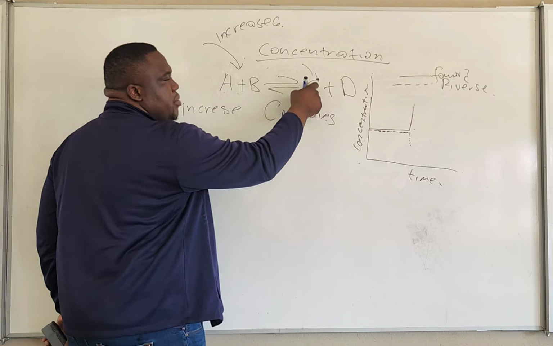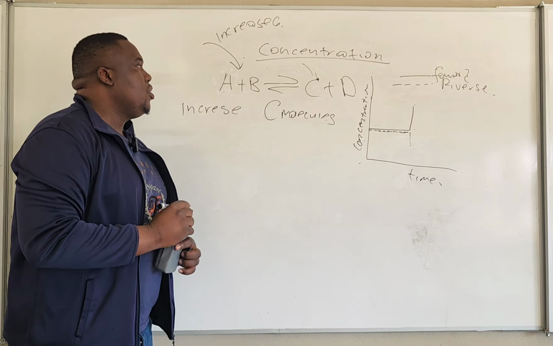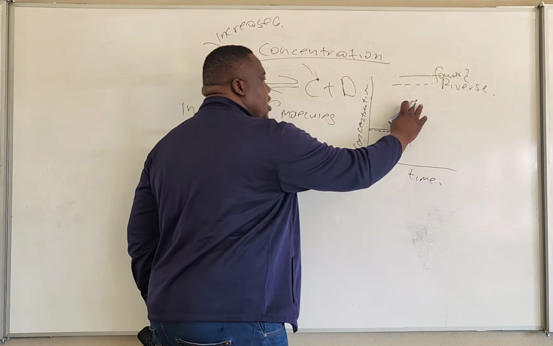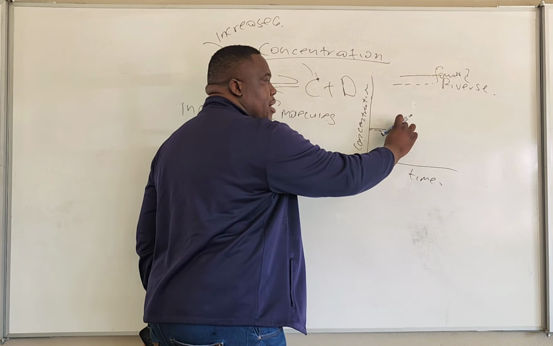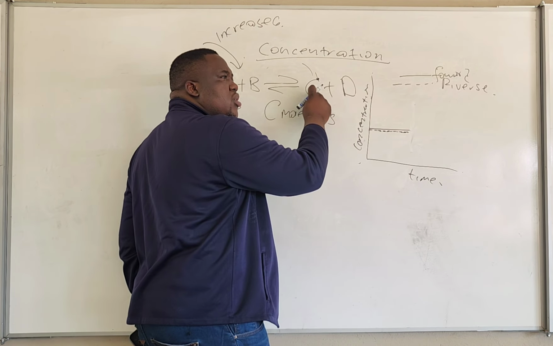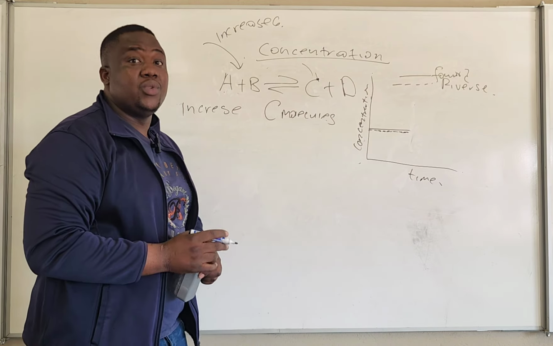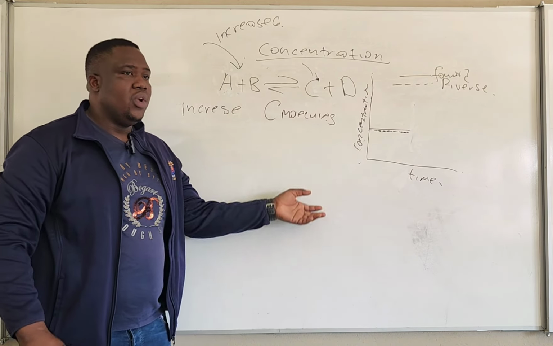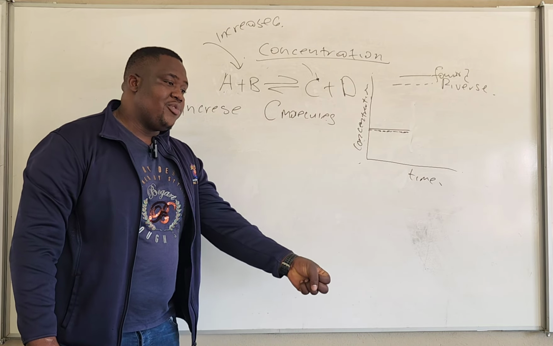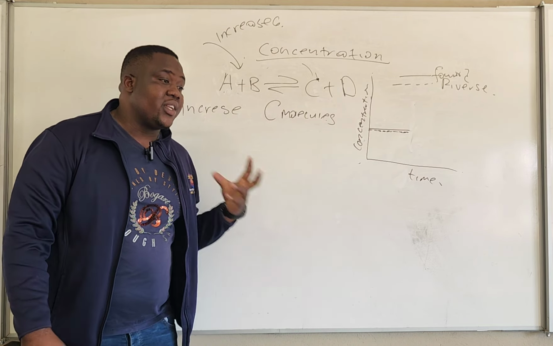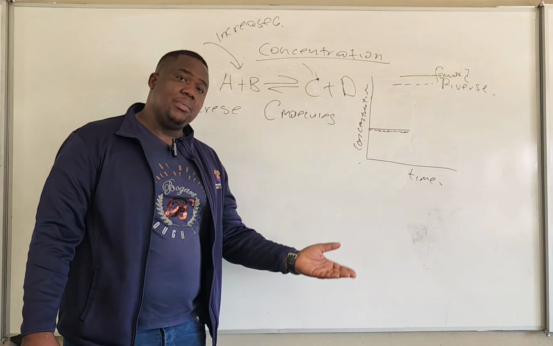So when we increase C molecules, if we want to return to equilibrium, what will we do? We have increased C molecules and the equilibrium is disturbed. We were at equilibrium, then we increase C molecules. It means equilibrium is disturbed. What must happen? What did we do? We increase C molecules. So if we want to return to equilibrium, we need to remove what we have just increased. We need to get rid of those C molecules that we have increased to return to equilibrium.